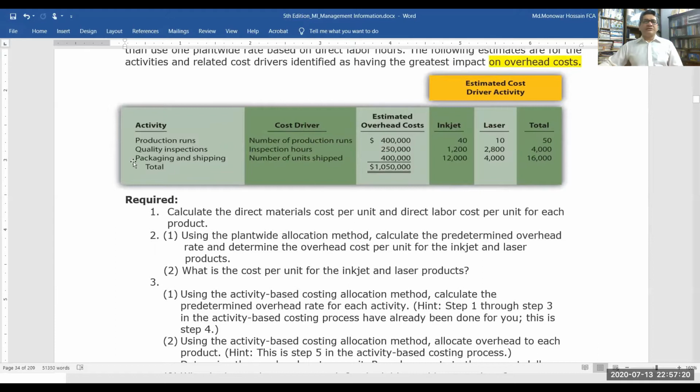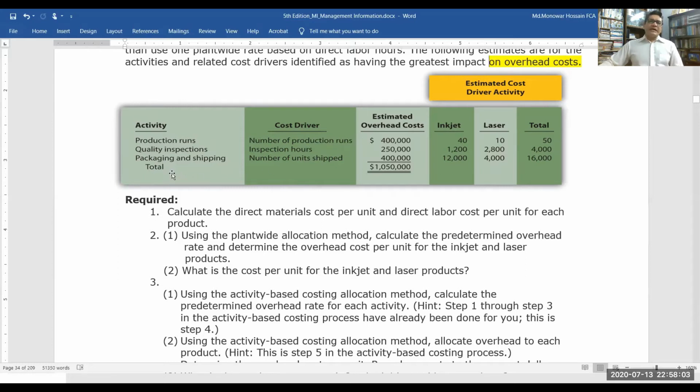So if we see here the estimated cost driver activity, look here, activity production run, its cost driver is number of production runs. So estimated overhead cost 4 lakh, inkjet 4, laser 10, total 50. It is the estimated cost driver activities. And quality inspection cost driver would be inspection hour. So estimated overhead cost $2,50,000, and inkjet uses 1,200 hours, laser uses 2,800 hours, total 4,000 hours.